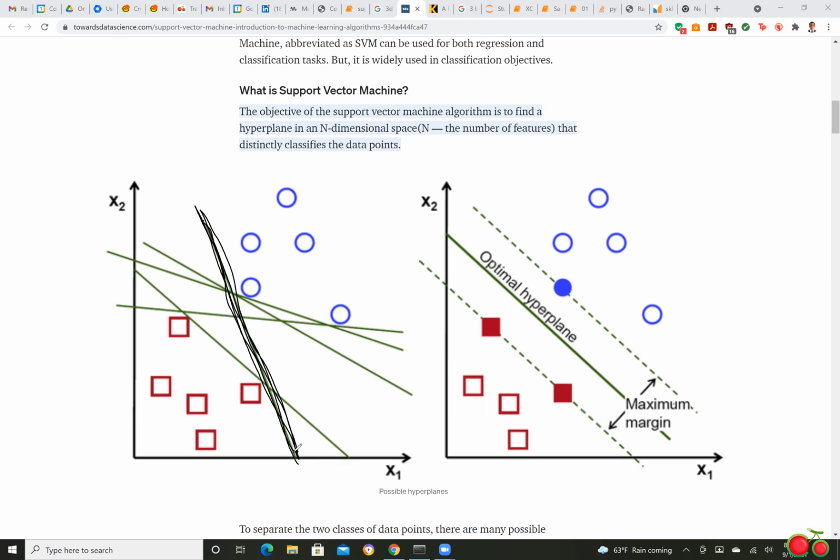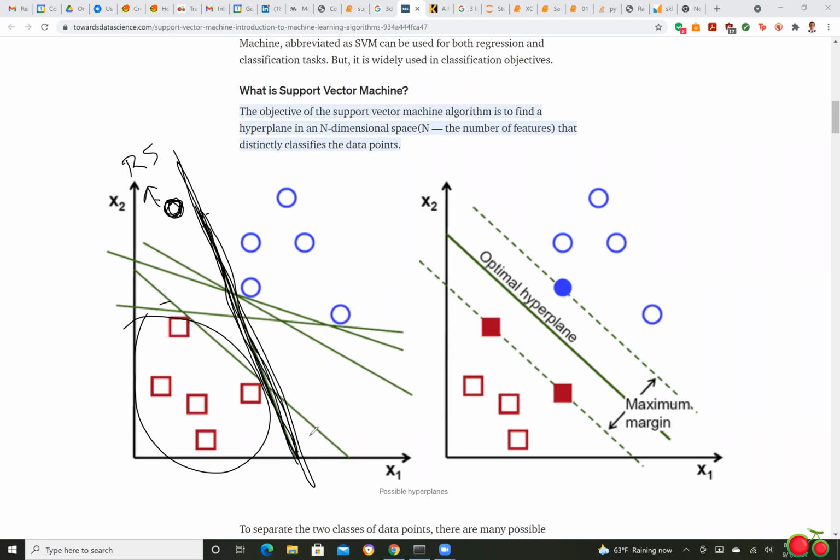Let's say I get a point here, if I have a circle here, because my line is vertical like this, I might actually misclassify this as a red square, although it is actually closer to these points than it is to these points. It is closer to the blue circles rather than being closer to the red squares.